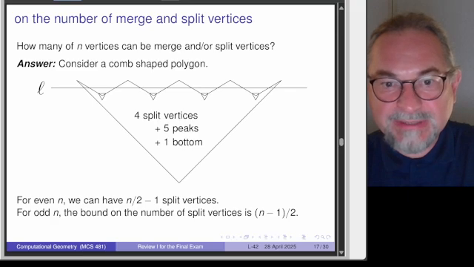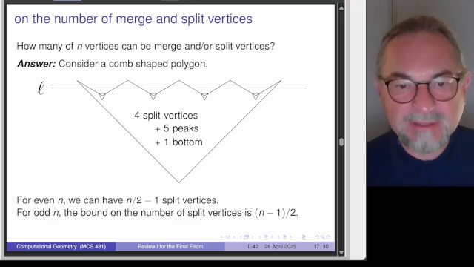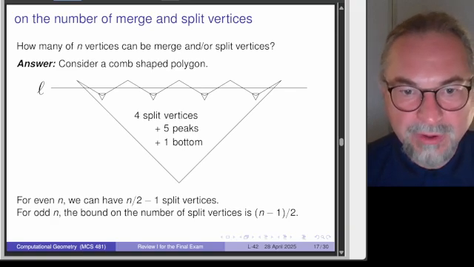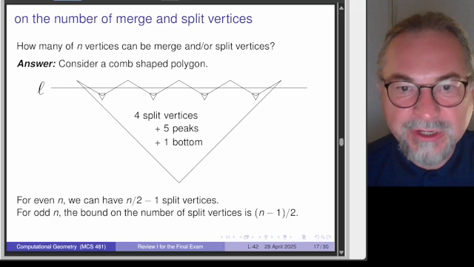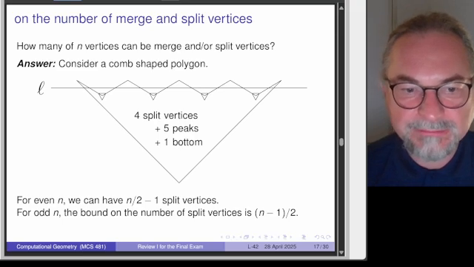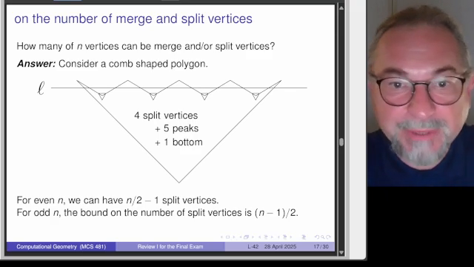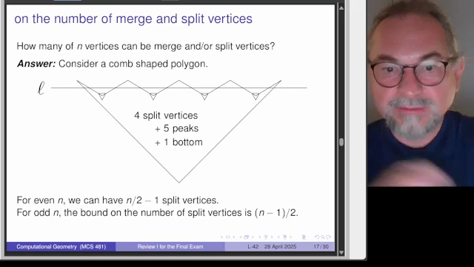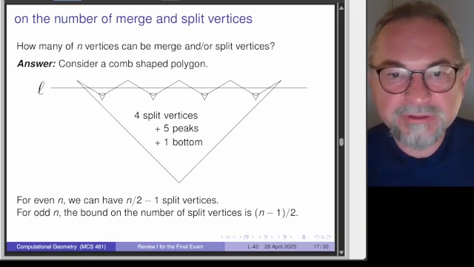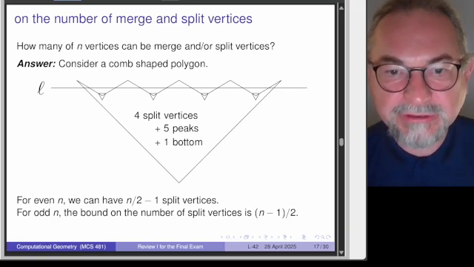So it's not really that you have twice as many. If you have an even number of vertices, here 10 vertices, we see that we have 4 split vertices. And of course, this reasoning also applies if you flip the picture, with one top vertex and many bottom vertices; then you can make a similar argument for the merge vertices.